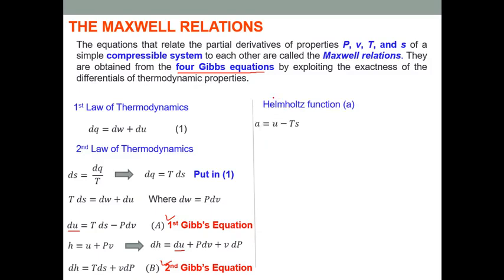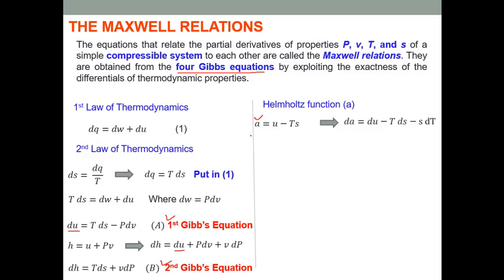Now we can use two further functions. One is the Helmholtz function A, which is the internal energy minus the product of temperature and entropy, A equals U minus TS.